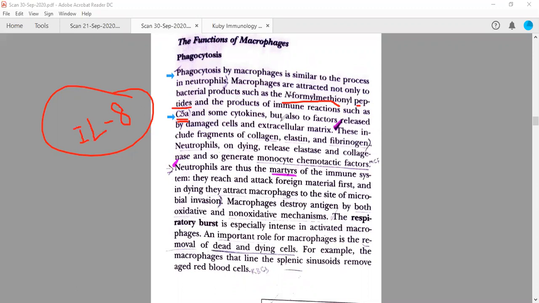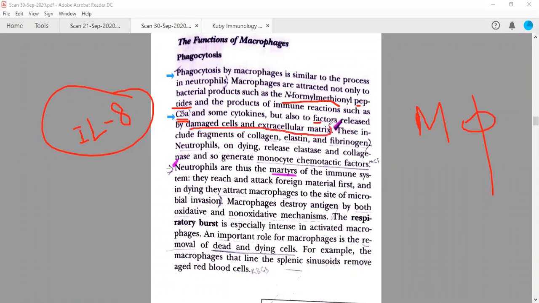The macrophages are the major type of cells involved in immune responses, major phagocytes. Why are we calling them major phagocytic cells? Because of their big size. Not only this, they will be activated by some other means, for example, the factors which are released by the damaged cells and extracellular matrix.